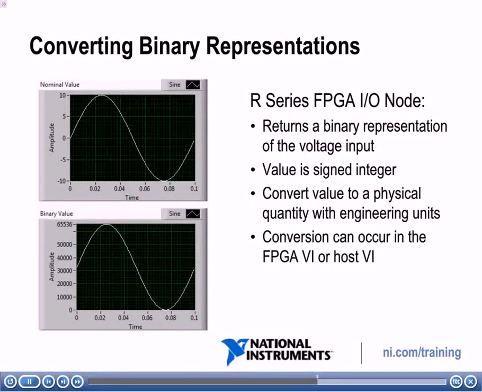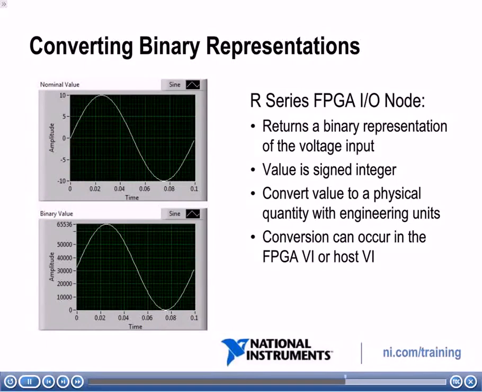As I stated earlier, the RSeries FPGA I/O node with analog values is going to return a binary representation of the voltage input. For example, over here, we've got something with a 16-bit resolution on our analog input channel. If you look at the bottom, we've got 0 going all the way to 65,536. These values are representing a voltage, but we're seeing the full resolution there.